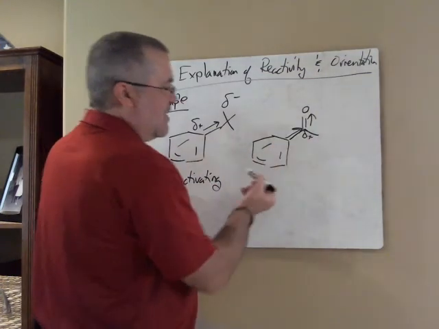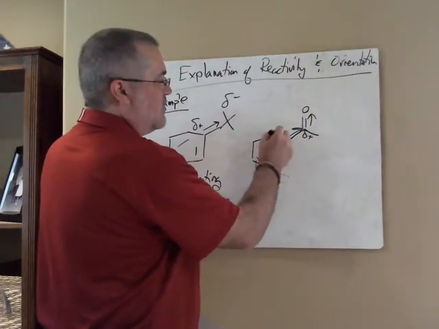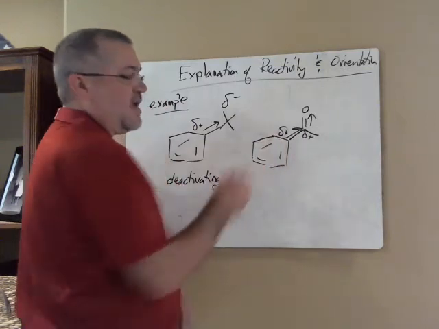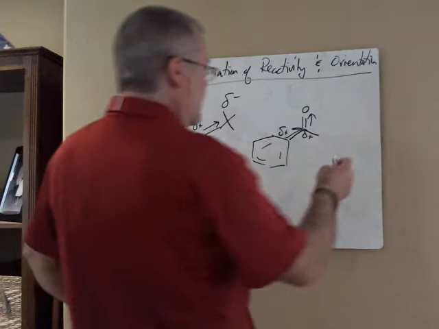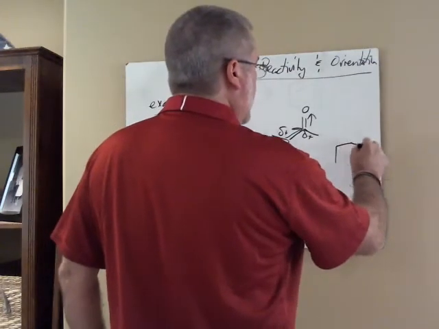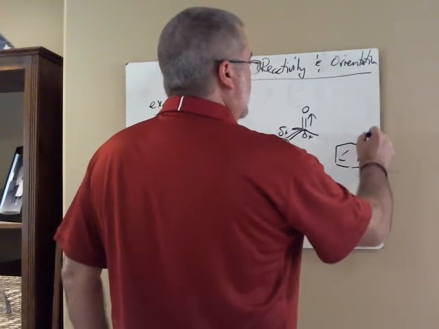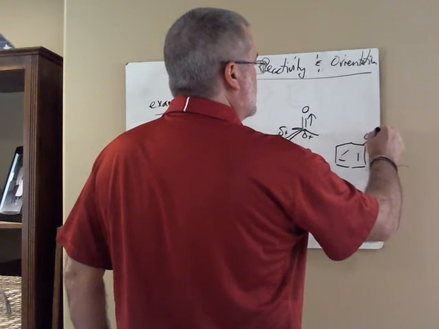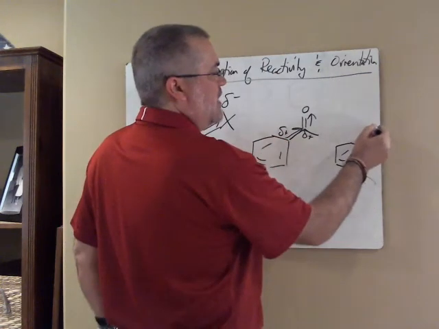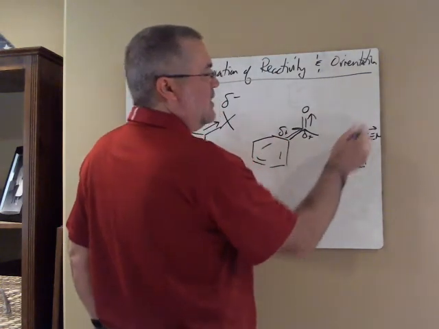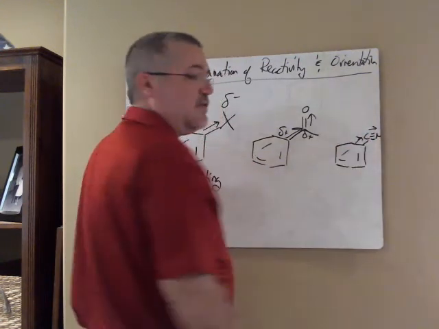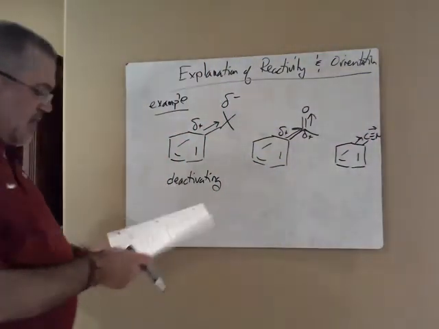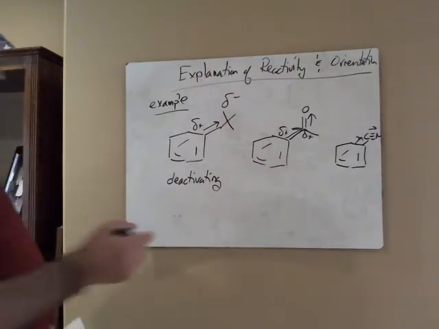And it's going to inductively pull electrons from within the ring, and so it's going to make that ring deficient. And you could continue on with this. Another example is a nitrile, where this is electronegative, and so you're basically pulling, almost in a tandem method, electron density out of this ring. So all of these are examples of things that are deactivating.